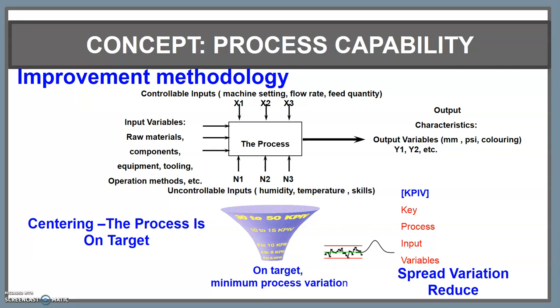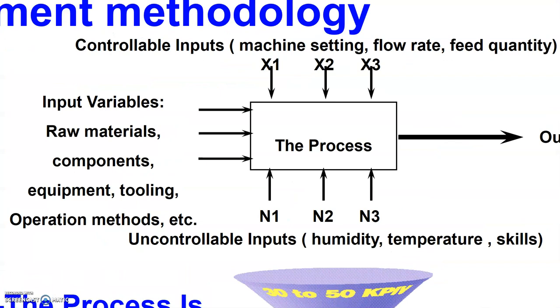As you know, the process is influenced by many variations, such as input variations, raw material variations, components, equipment, tooling, operation method, and uncontrollable issues like temperature and humidity. Controllable inputs: maybe you can set your machine in the desired, optimum setting so that the machine always produces the same quality product, such as flow rate and feed quantity.